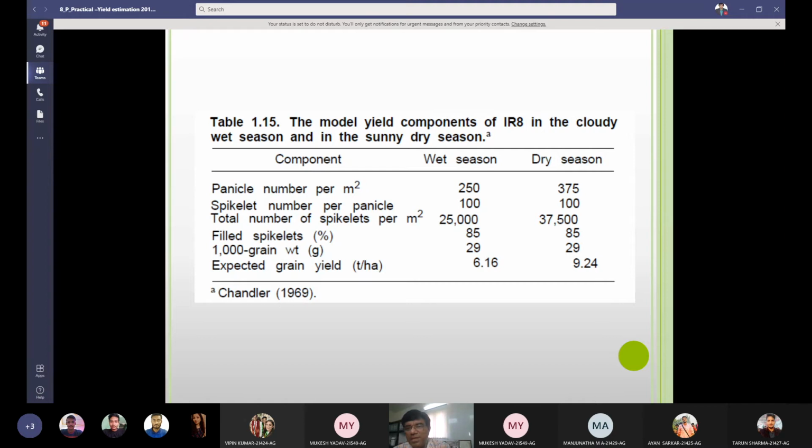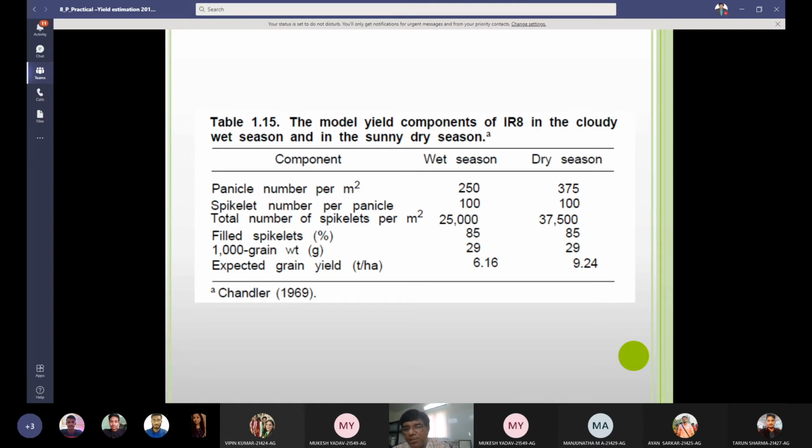Cloudy wet season means the intensity of light is less. Therefore, in wet season, the variety is the same, but you are getting only 250 panicles per meter square. However, in dry season, when there is no rainfall, no cloud, you get 375 panicles per meter square.